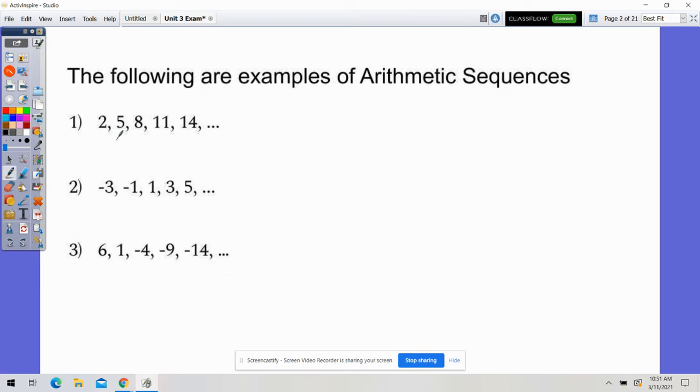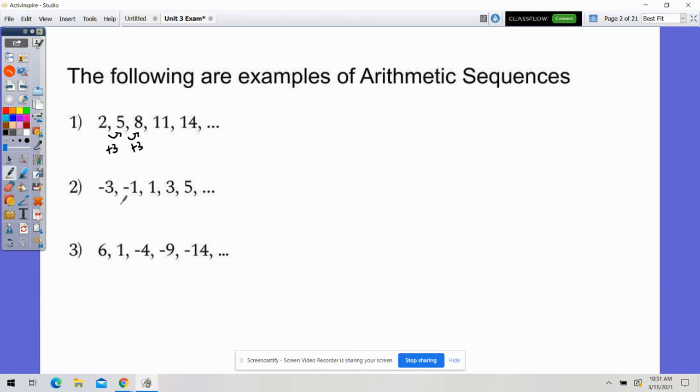So if we take a look at the first one, 2, 5, 8, 11, and so on. In order to get from one term to the next, you need to add 3. So this is arithmetic because you're adding the same amount each time.